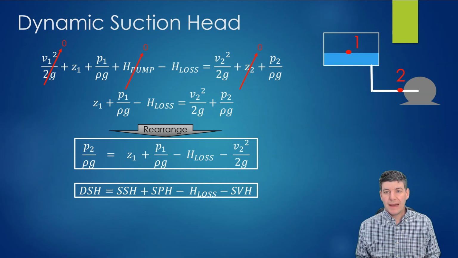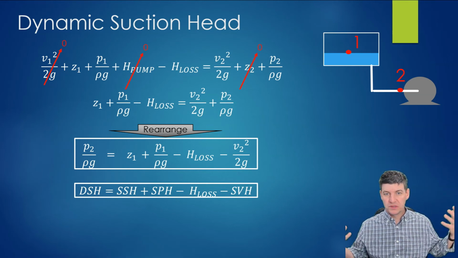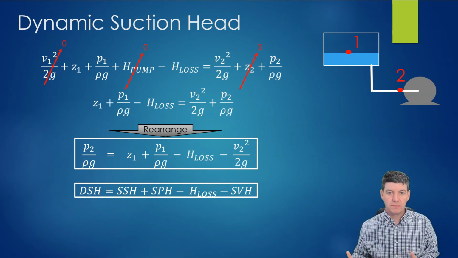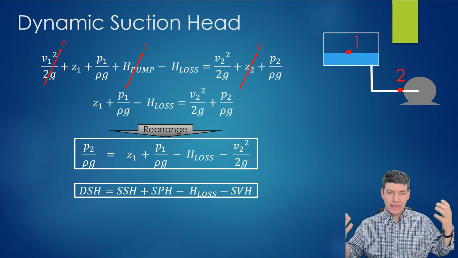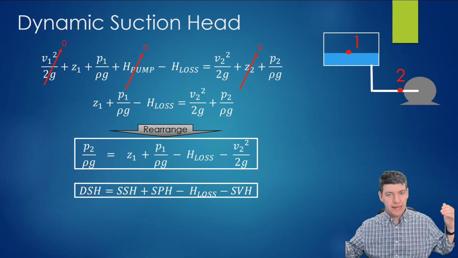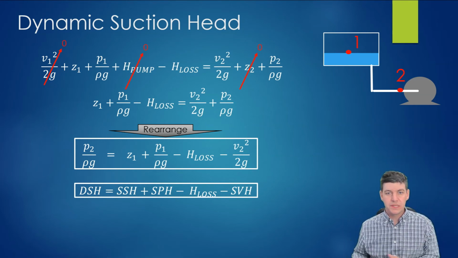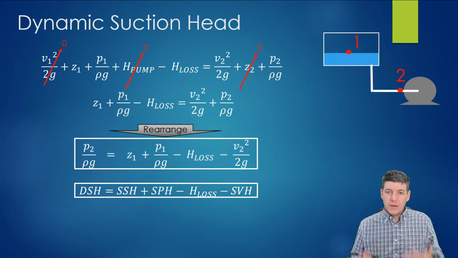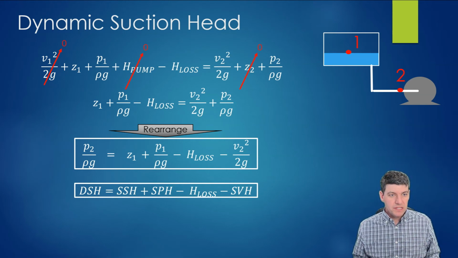When I look at what happens to that pump, what pressure or head is available to it, it's going to be influenced by the pressure that's in the tank. The more pressure in that tank is going to help push fluid to the pump. The height of that fluid in the tank is also going to help influence how easy it is to flow down to the pump. But that's kind of all the energy that I'm going to start with.